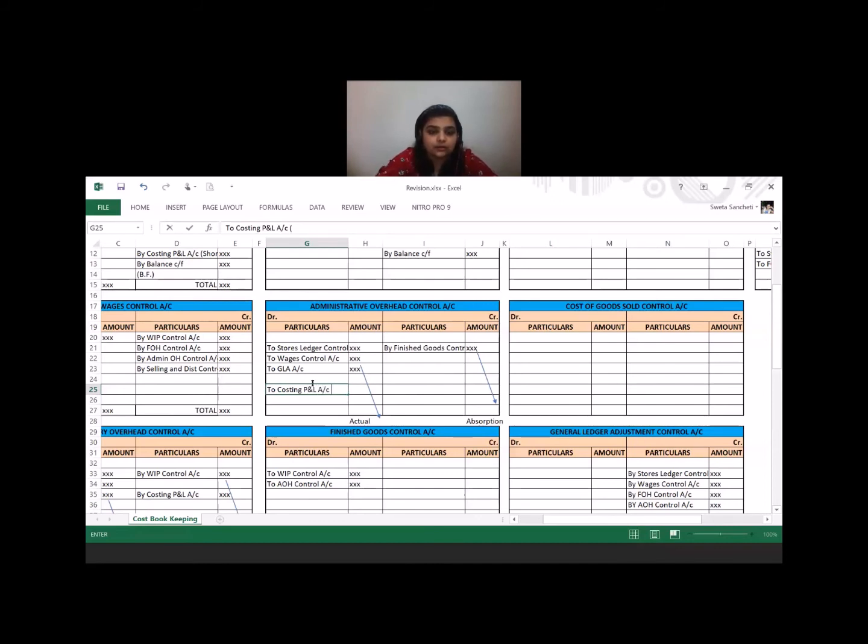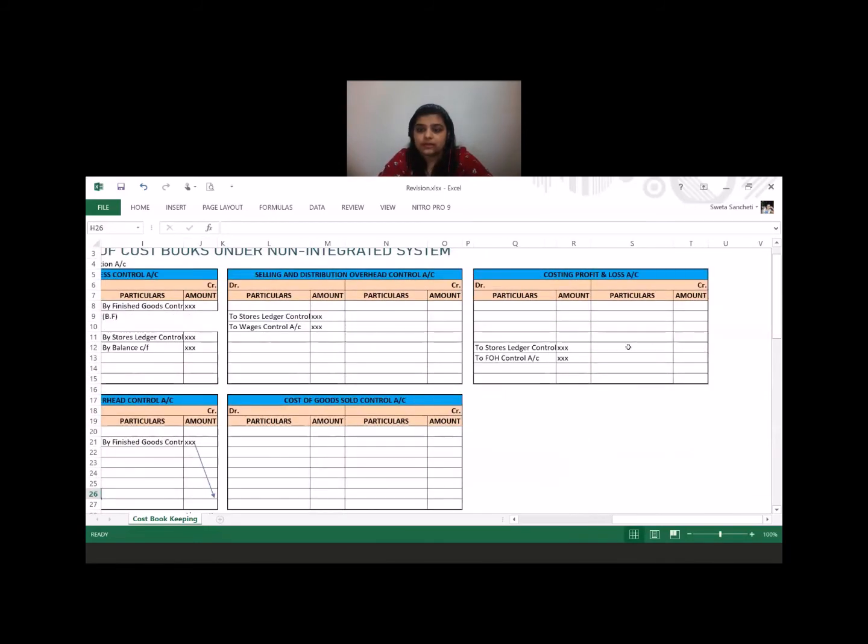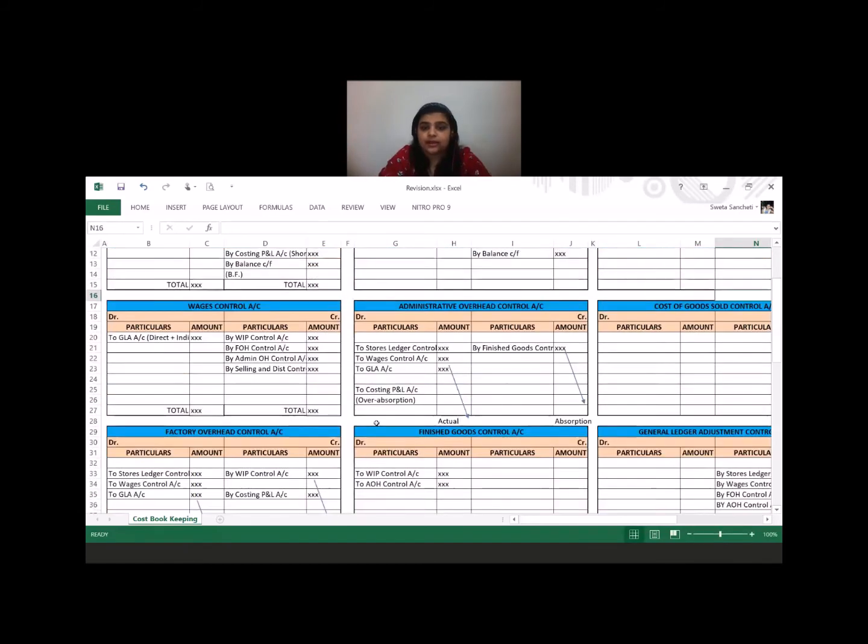This is my over absorption. Again, let us go to the costing P&L, and this side it would be by admin overhead control account. Let's go ahead. So admin हो गया.